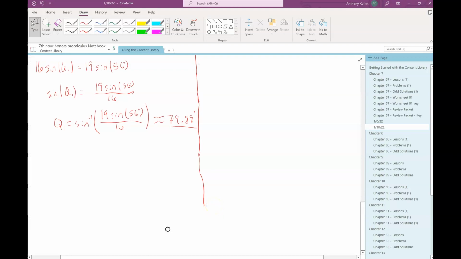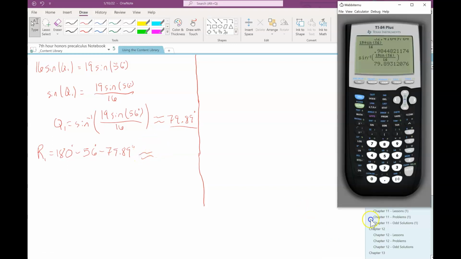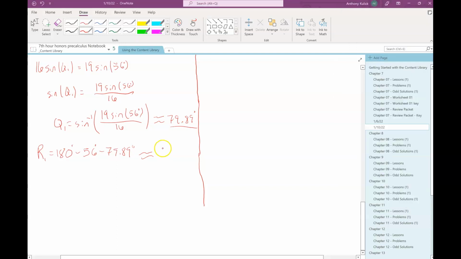So now I have two of the three angles, right? I know angle P and angle Q. So angle R is going to be really easy. So 180 minus 56 minus my previous answer. So 44.11.